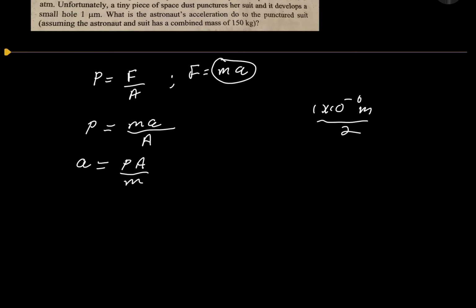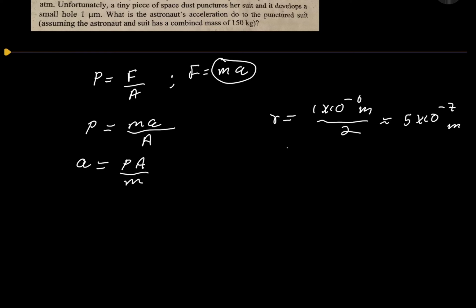And let's see, what is 1 times 10 to the negative 6 divided by 2? So we get about 5 times 10 to the negative 7 meters. So we can use this radius. So radius is equal to this.